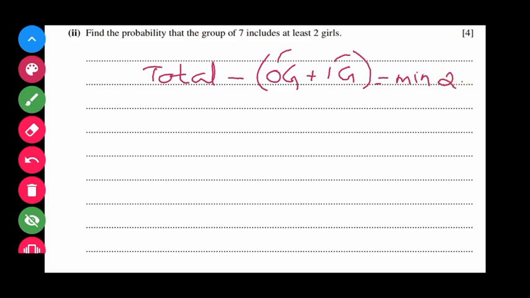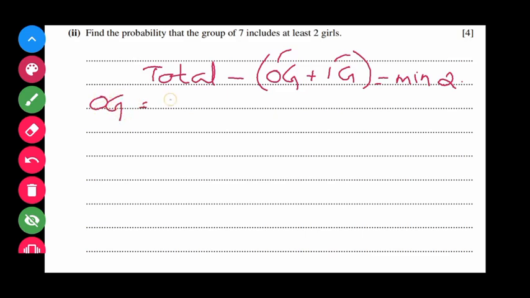Instead of at least two girls, what we can do is, from the total, if you delete 0 girl or 1 girl, from the total number, if you delete the selection of 0 girl or 1 girl, then what do we get? We get minimum 2 girls now, isn't it?